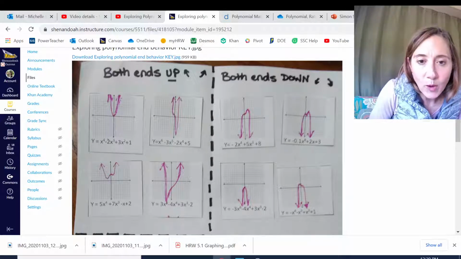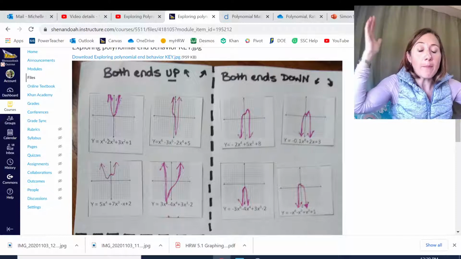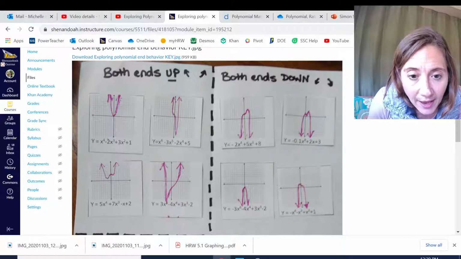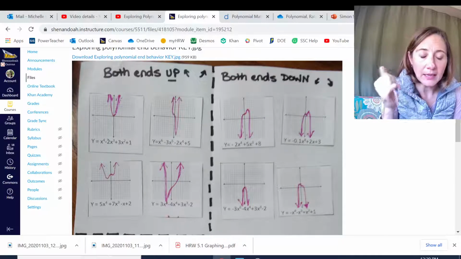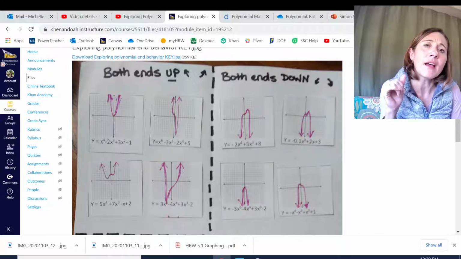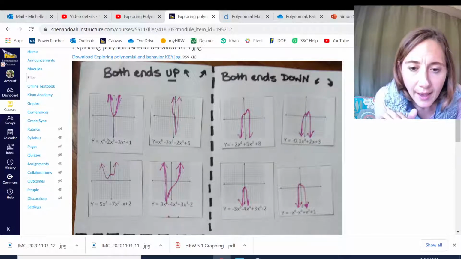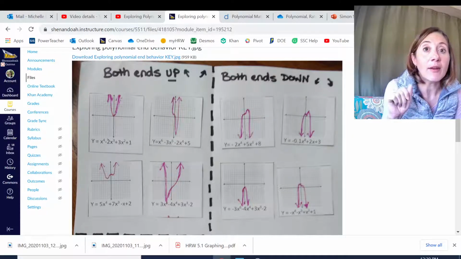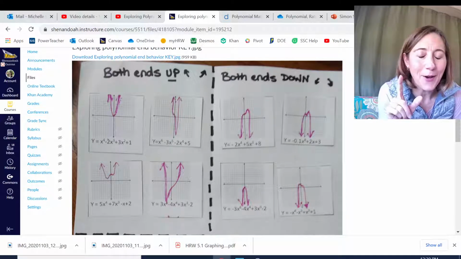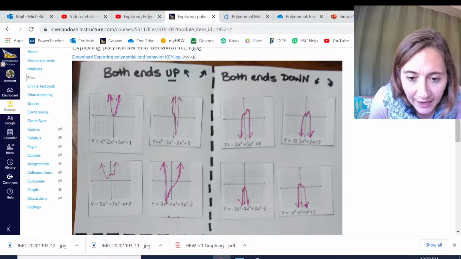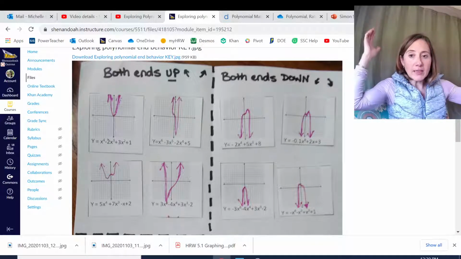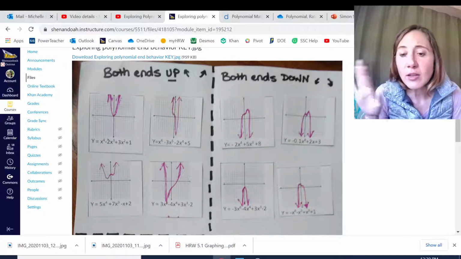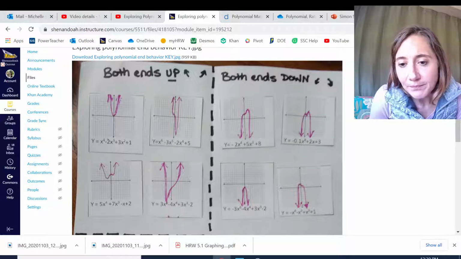So let's look at the ones where both ends go up here. We have an x to the fourth as the leading term there. What would be that coefficient? That's a 1. The x to the sixth would have a leading coefficient of 1. A 5, a 3. Those all face going up. Now let's look on the right side of this page.